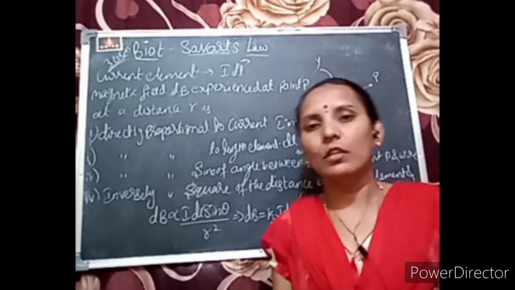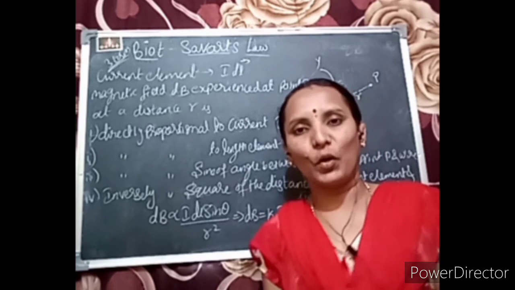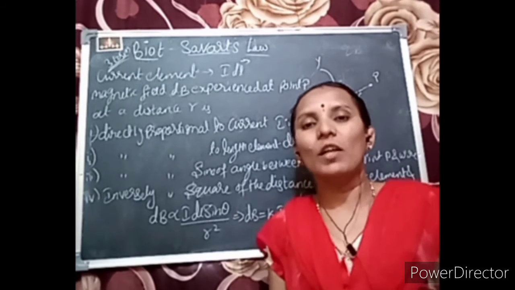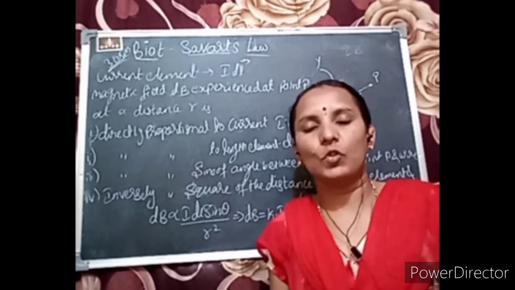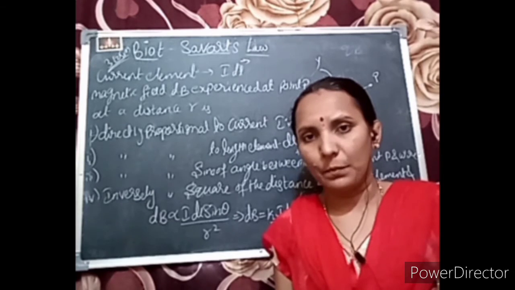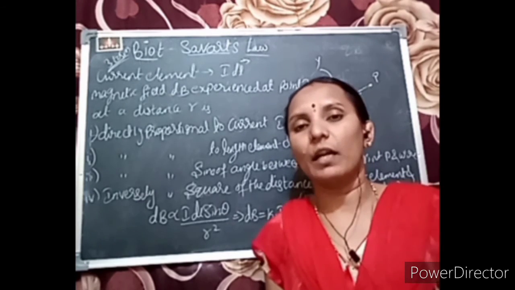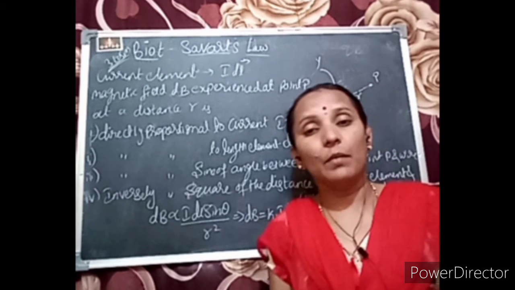Make it clear? After writing all these, you can write the meaning of current element. Current element is the product of current and the small segment of the conductor length dl. So Idl is called the current element and it's a vector quantity. It's separately asked for 1 mark. They may ask to define current element. They may also ask whether the current element is scalar or vector.